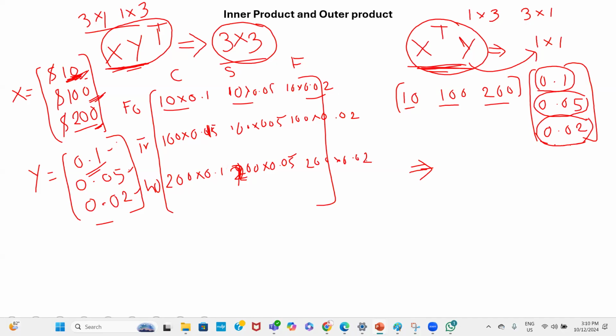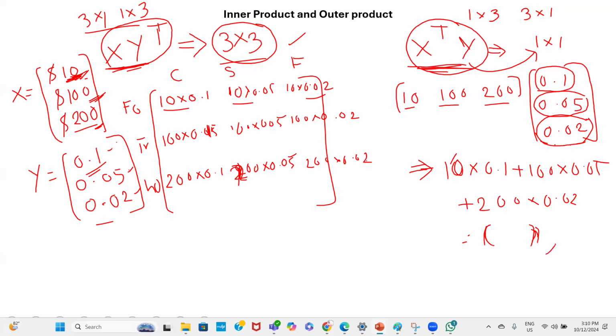So what is the total tax that I have paid? That is equal to 10 into 0.1 plus 100 into 0.05 plus 200 into 0.02. So that gives you a scalar value. This has the breakup and this has the total amount of tax that I have paid.